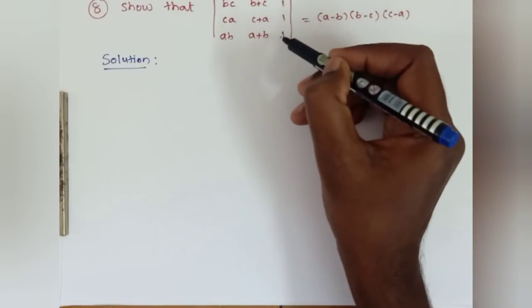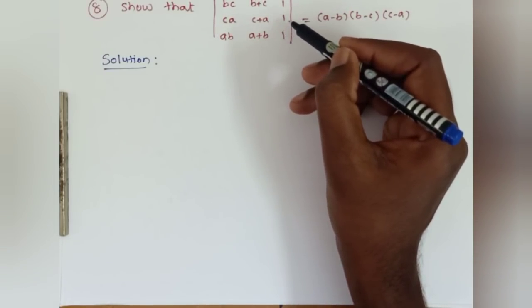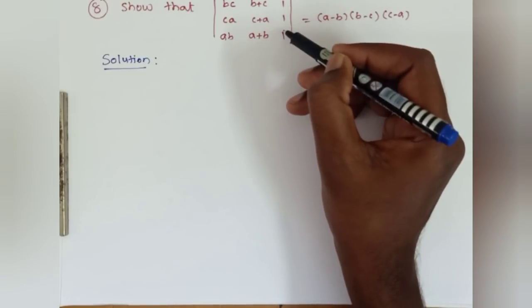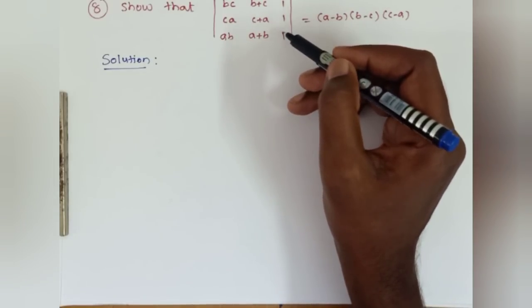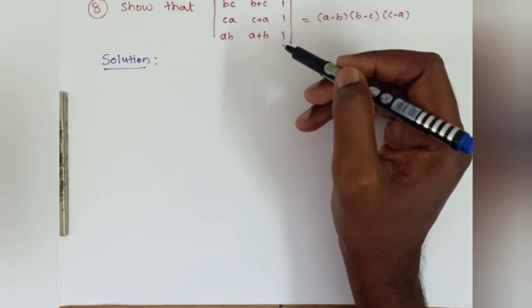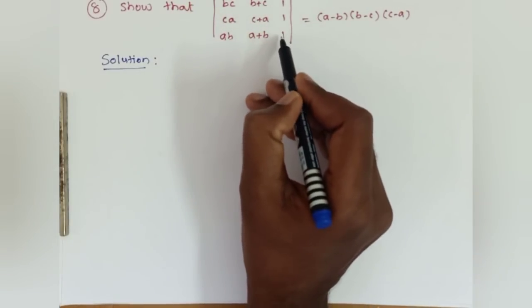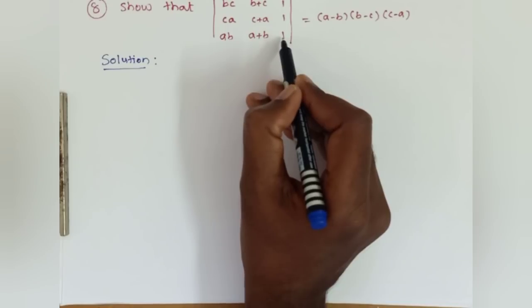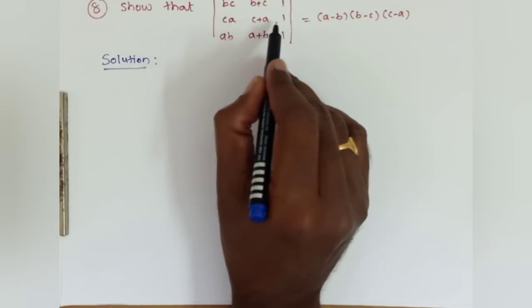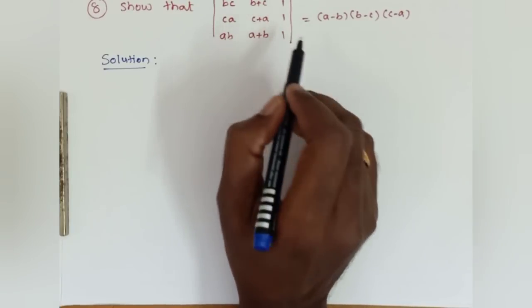See here, observe the third column that contains all ones. So try to make any two elements of this column 0 by applying a row operation or column operation. Obviously we can apply the row operation. To make these two elements 0, we need to apply row 2 minus row 1, and in the same way row 3 minus row 1.